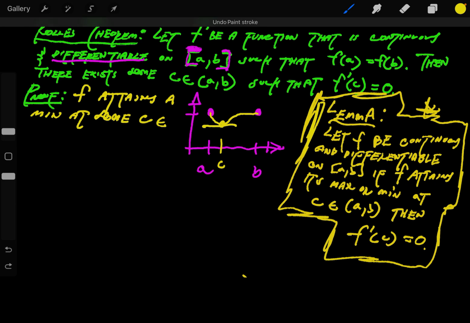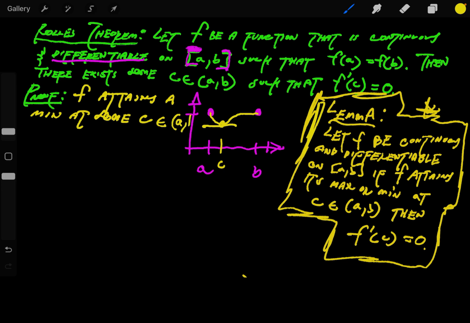In the closed interval, f attains a min at some point other than A and B, so its min value is at some point other than A and B. And if f attains a minimum at some point, then by the lemma, f prime of C will equal 0. And that's one case.